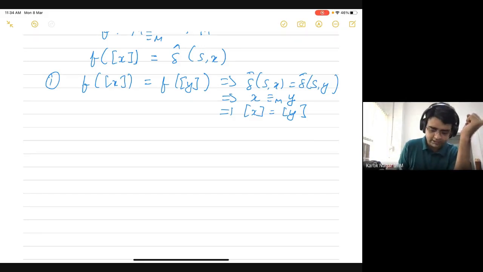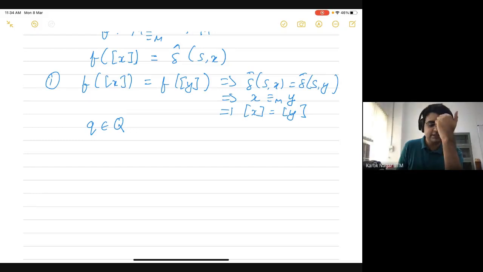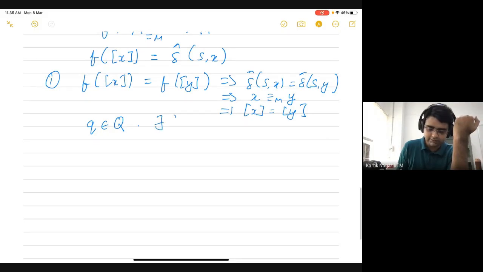So, an element of the codomain is some state q, which belongs to Q. So how do we know that there exists some element of the domain which is actually related to q by f? We need to show that there exists some x which belongs to q prime, such that f of x is equal to q.